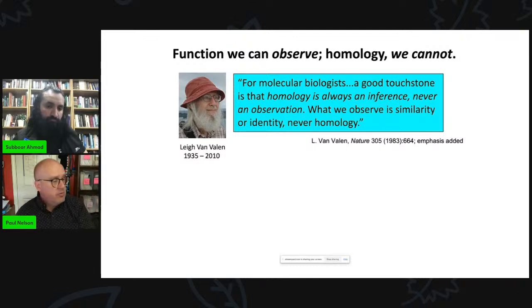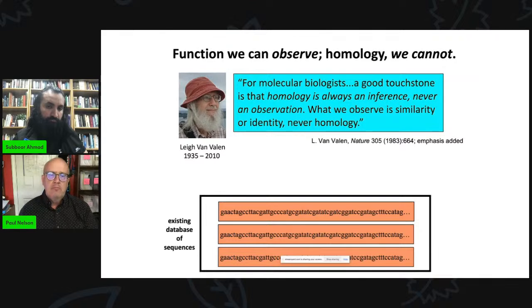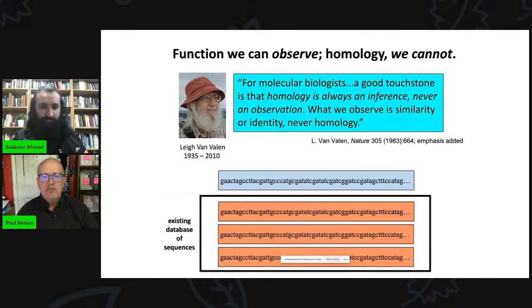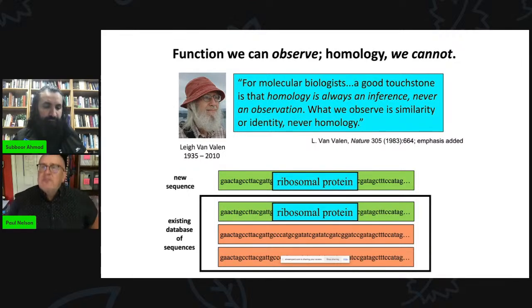Function, you can, in a wet lab, you can figure out what your protein is doing, okay? So here's your database. In a little cartoon, there's my new sequence, and I look for matches. Just the way I would if I went to an English dictionary. Ribosomal protein, now I know what my new sequence is doing.